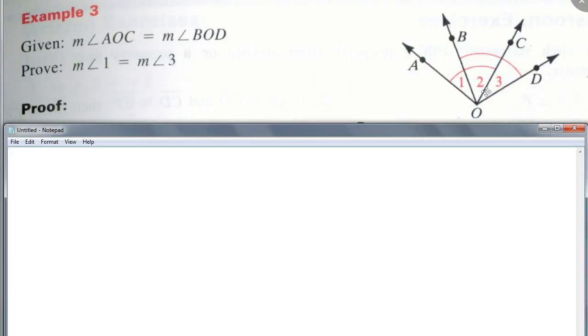Since AOC equals BOD, then AOB plus... Right, that's why they give you this angle. These angles are 1 to 3. So what you're saying is that angle AOC is made up of angle 1 plus 2, and angle BOD is made up of angle 2 plus 3? Aren't they sharing the same angle in the middle? If you take out that same one, then don't you have angle 1 equal to angle 3?